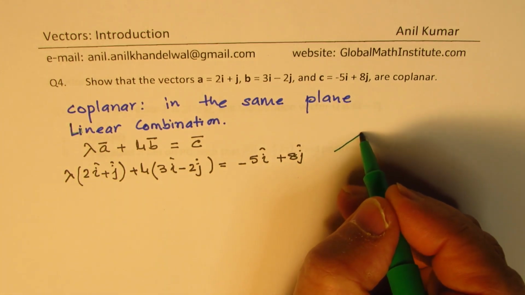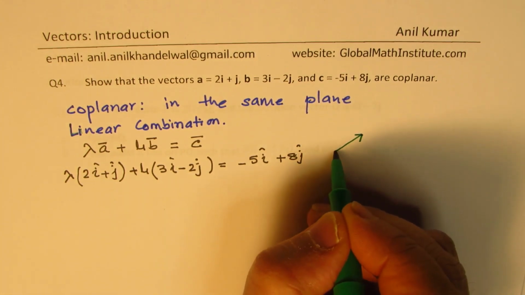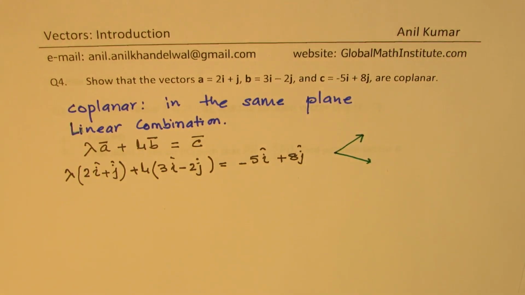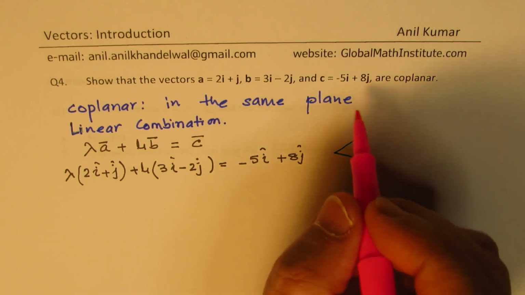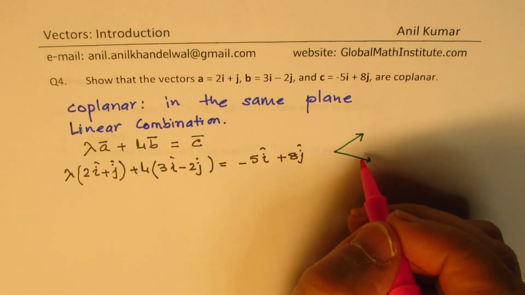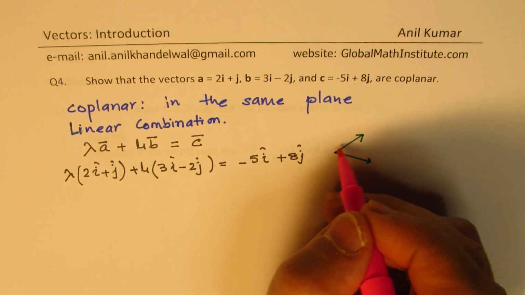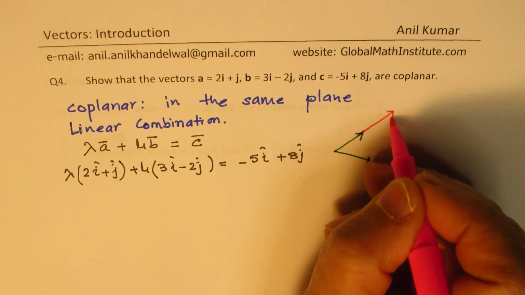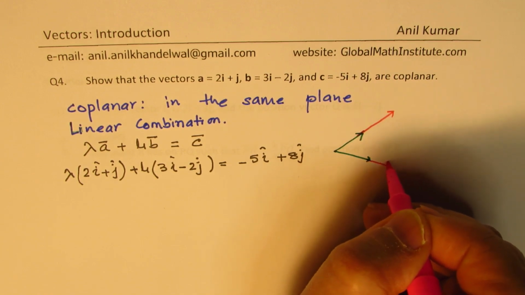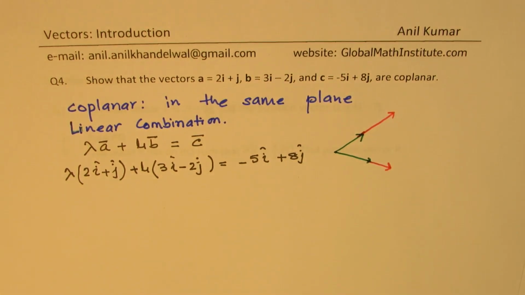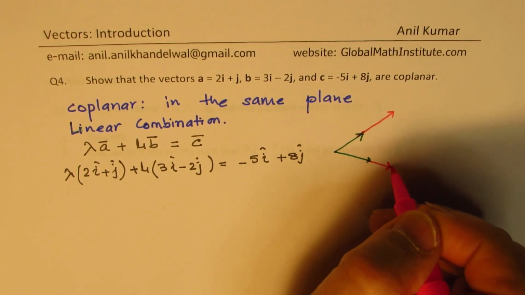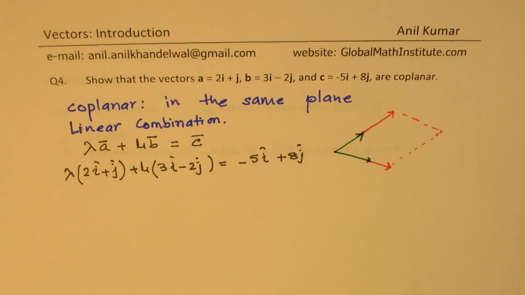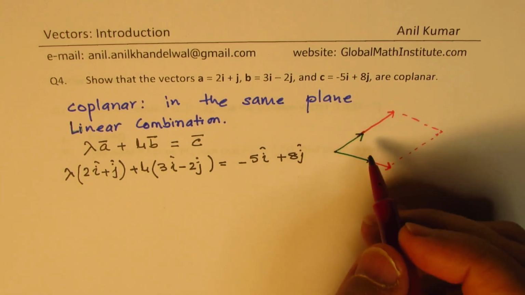Let's say this is vector A, and this is vector B. If I extend these somehow to get the vector C, then vector C could be formed with these combinations. We may have to multiply this with some factor and this with some other factor to get the vector C, if it is on the same plane, represented with the combination of these two.